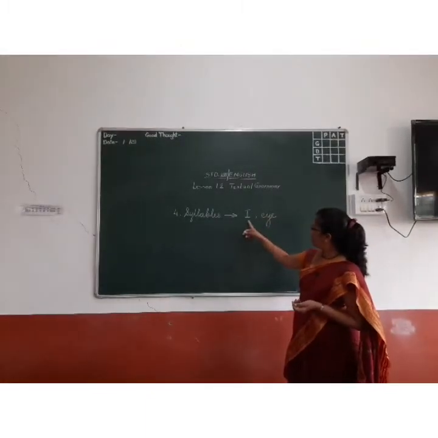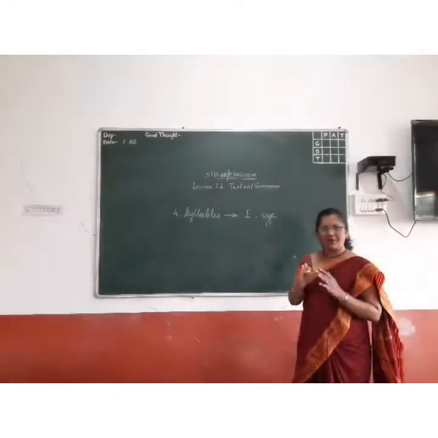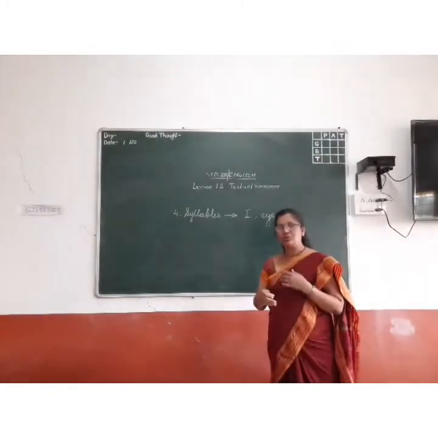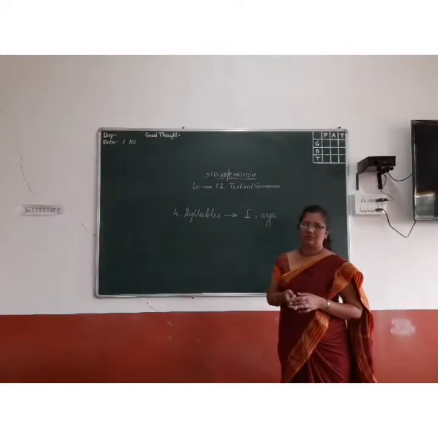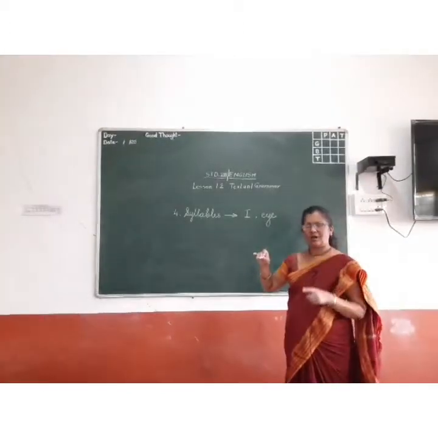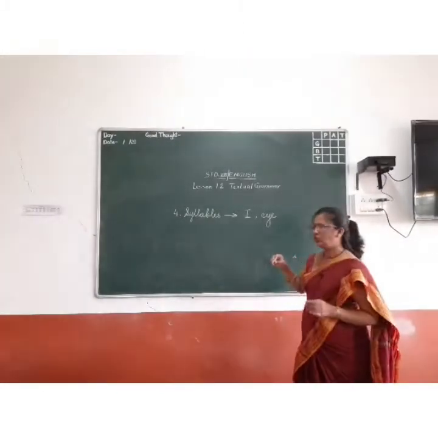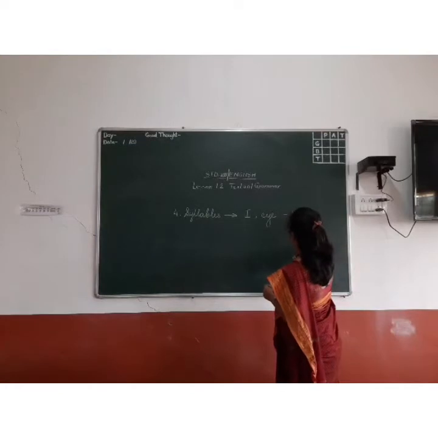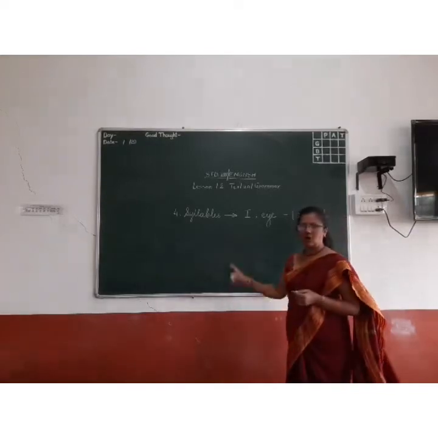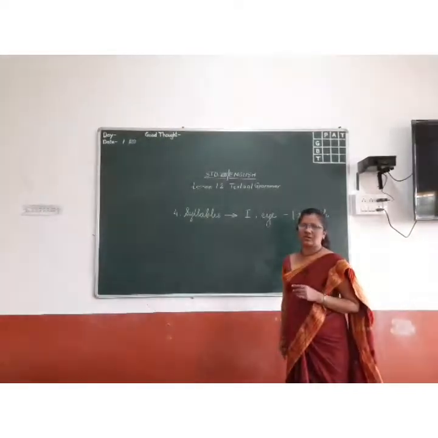So I cannot break this word into syllables. It has 2, 3, 4 more than that, but I cannot break this. I say only I in one part only. So this word carries one syllable only. How many syllables? Only one syllable.